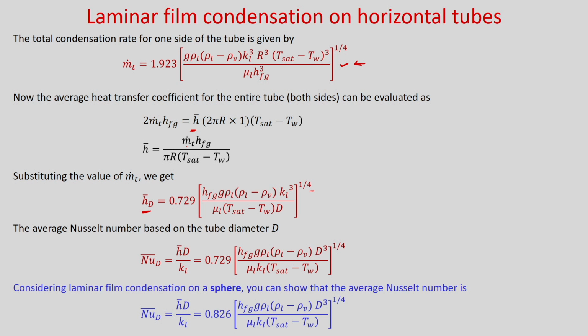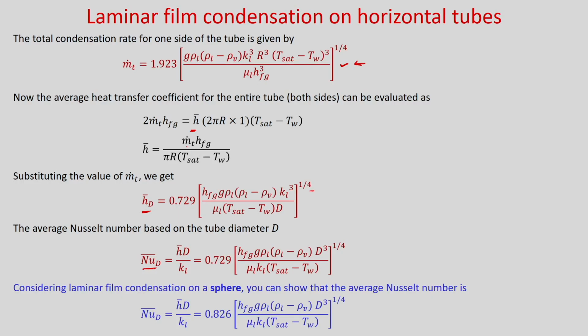The average Nusselt number will be h bar into D divided by k, defined based on diameter. If you put it and rearrange it, you will get this expression. This is the average Nusselt number for a single horizontal tube, based on the diameter of the tube.